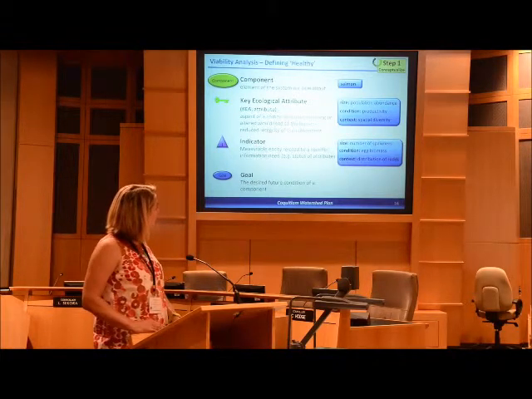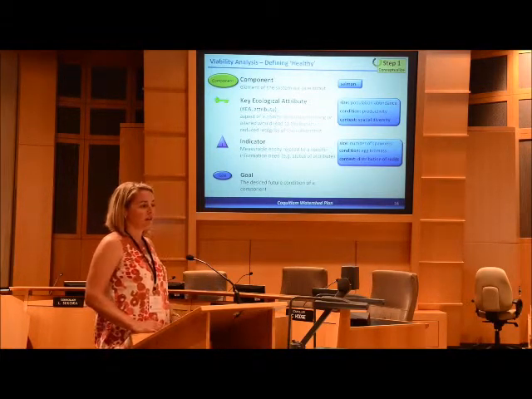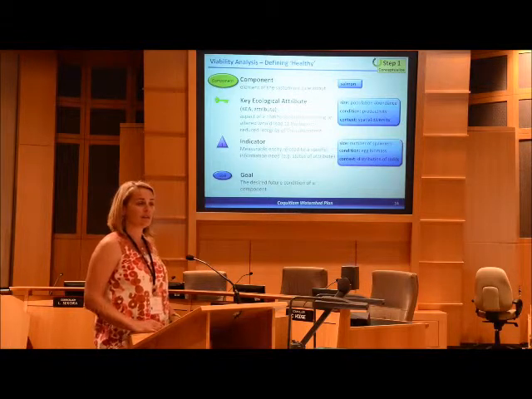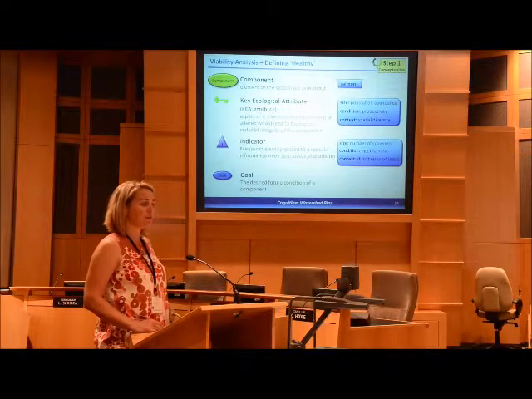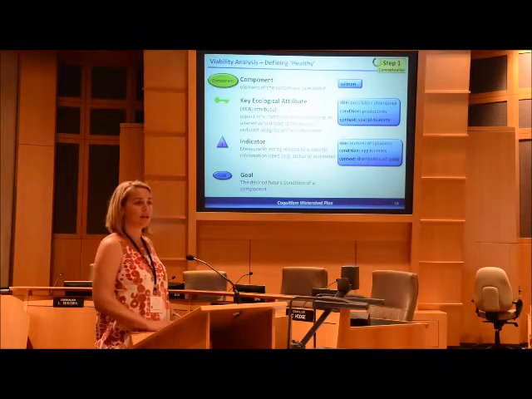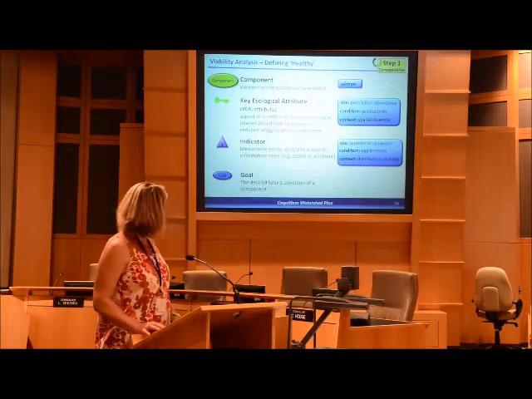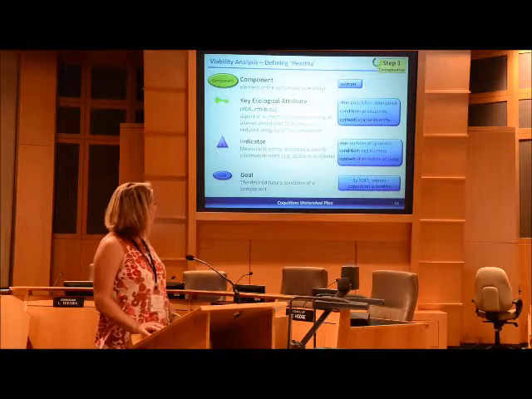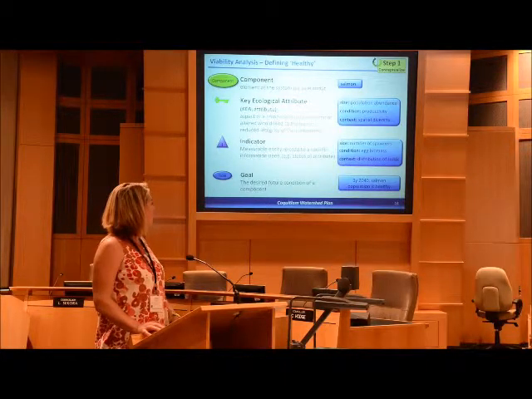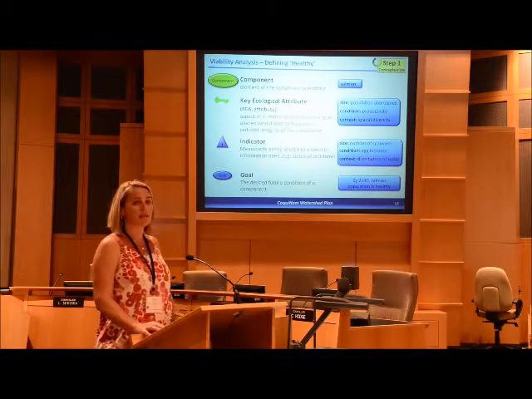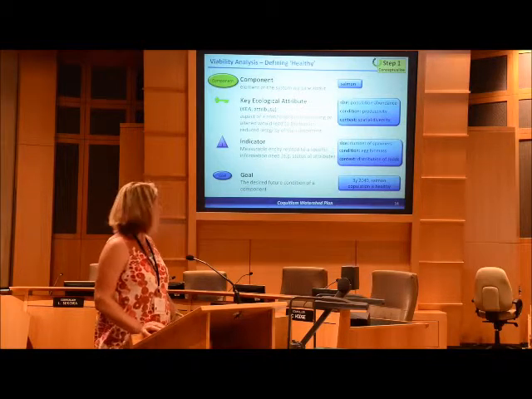But for abundance, you might want to look at the number of spawners. You might want to look at the number of outmigrants. There's a number of things that would tell you about the size of your population. And then the goal might be, by 2040, the salmon population is healthy. Or I've also heard by 2040, the salmon population is harvestable.